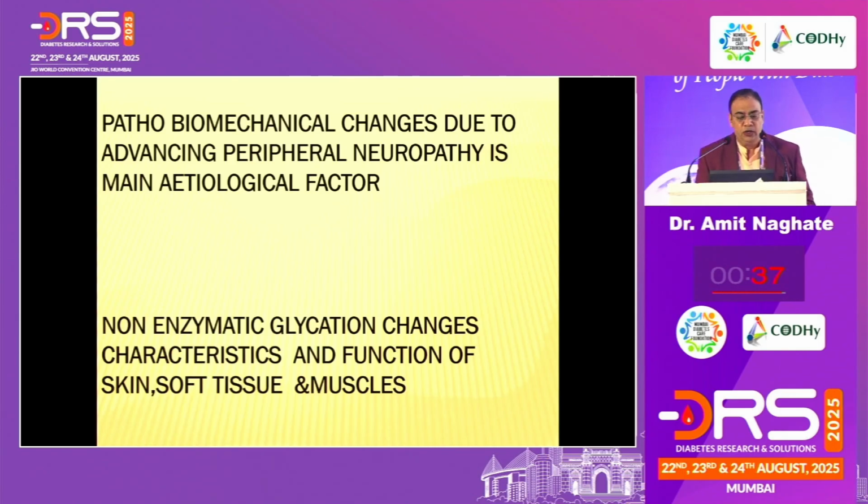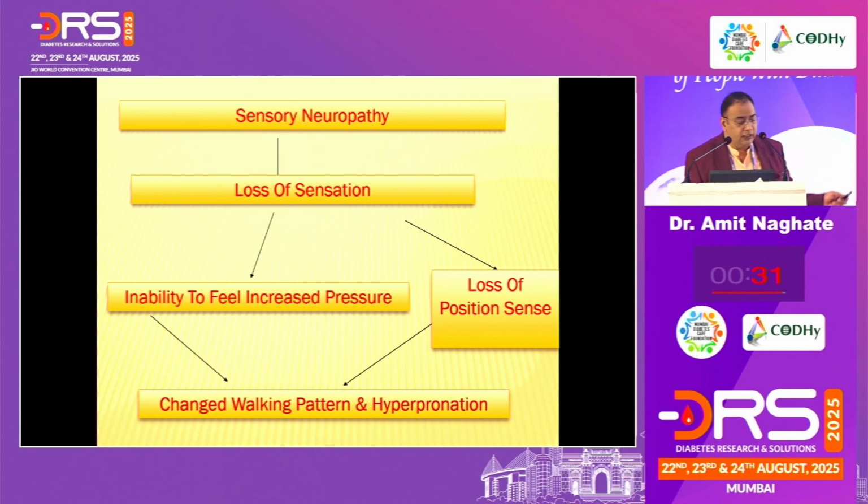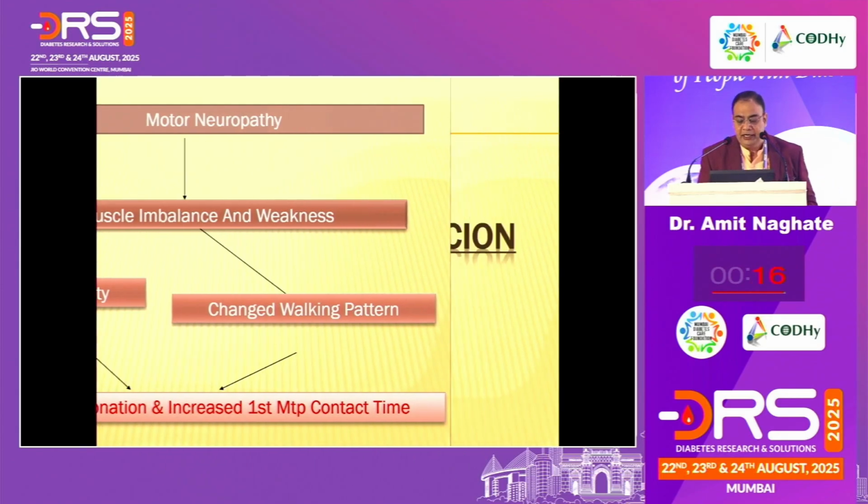Pathobiomechanical changes due to peripheral neuropathy are the main etiology. This is sensory neuropathy: loss of sensation, inability to feel high pressures, loss of position sense, changing walking pattern, hyperpronation, muscle weakness, imbalance, and stamping gait.